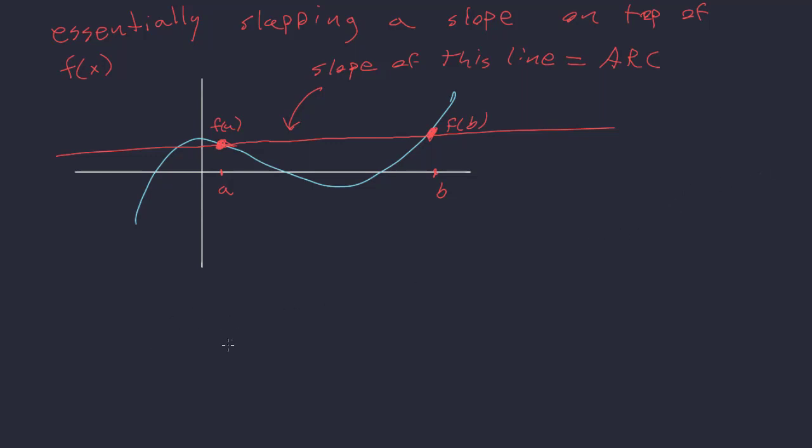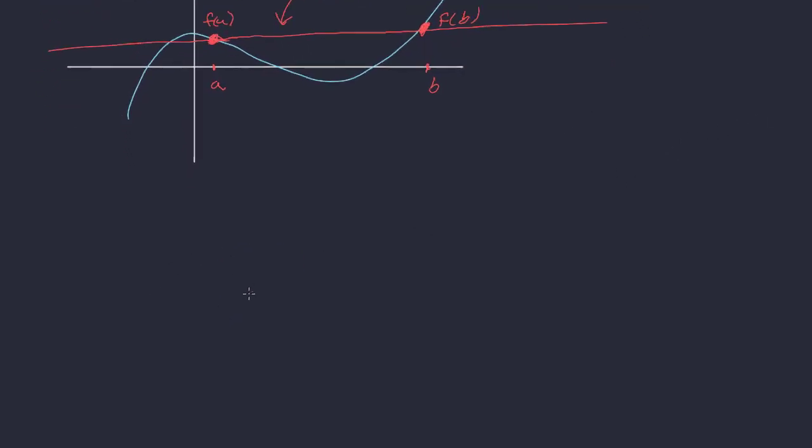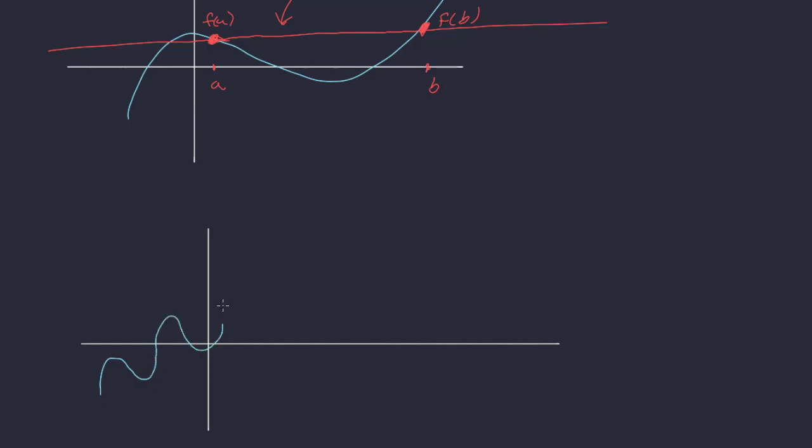So, for example, if our function looks something more like this, say it had a lot of increasing and decreasing and increasing, and it's oscillating, right? And here's our a back here, and here's our b.